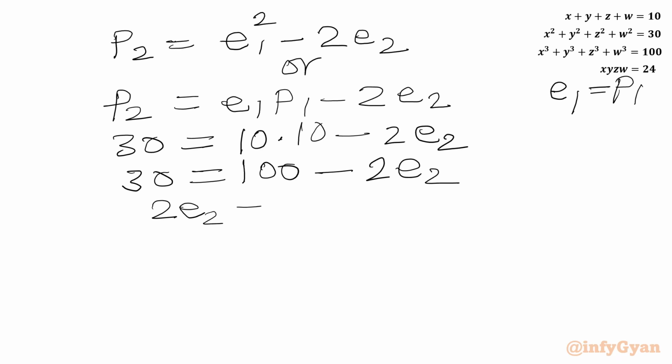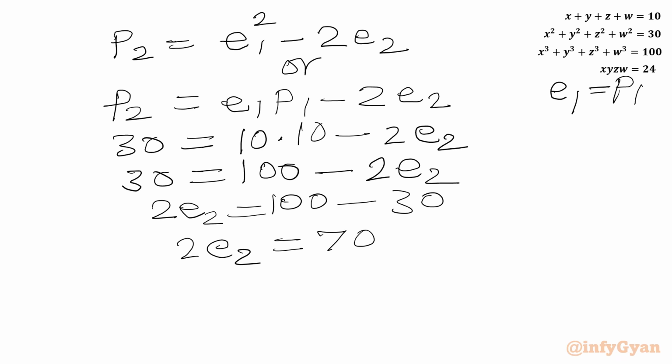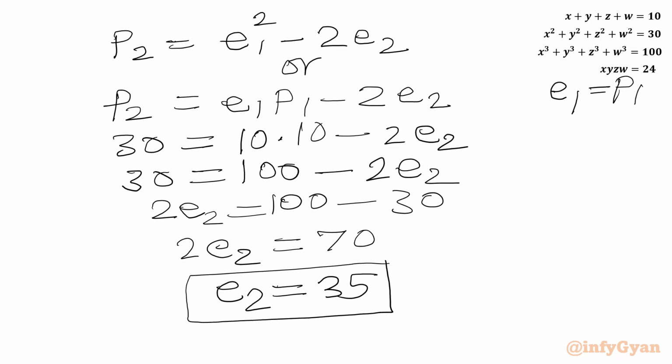So 2 times E2 equal to 100 minus 30. So we'll write 2E2 equal to 70. Now we have to divide by 2 both sides. So we will get E2 equal to 35. 70 over 2 is 35.